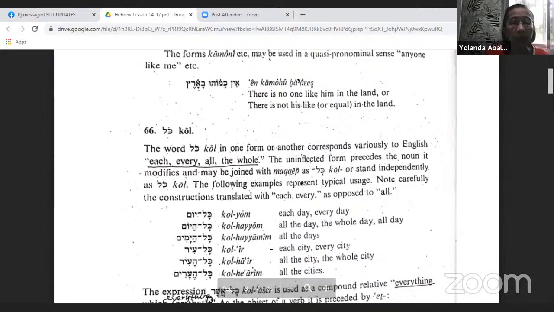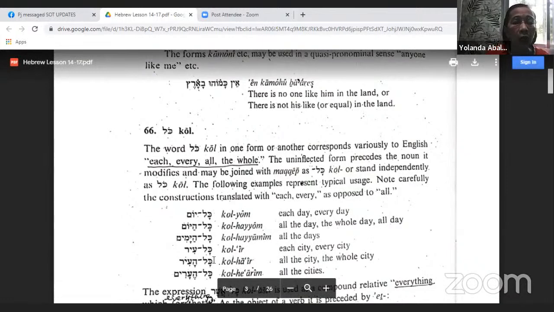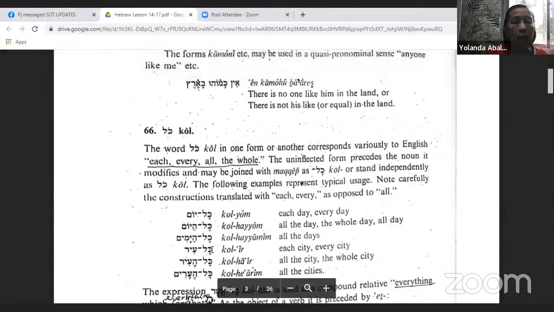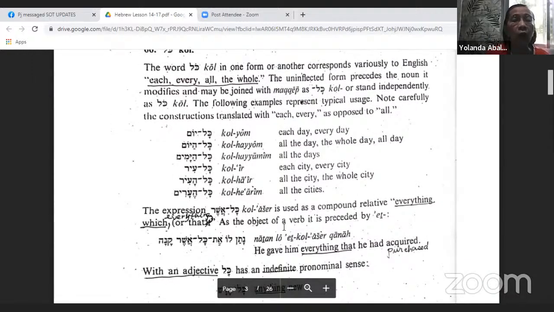Kol ear. Each city. Every city. Kol ha'ir. All the city. The whole city. Kol ha'arim. That means all the cities. Kol is all, arim is the plural of city. Ha'arim.